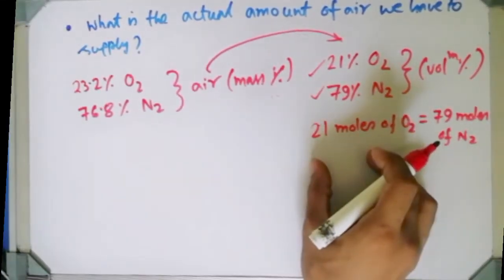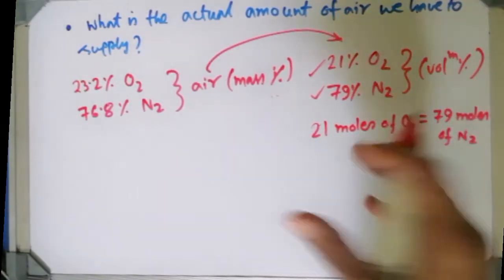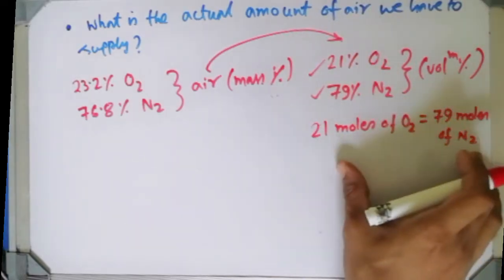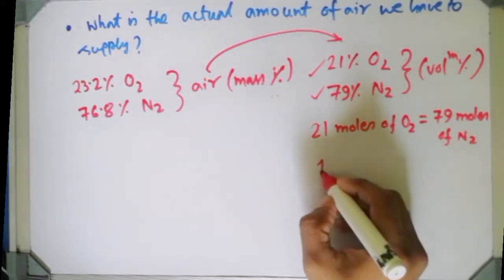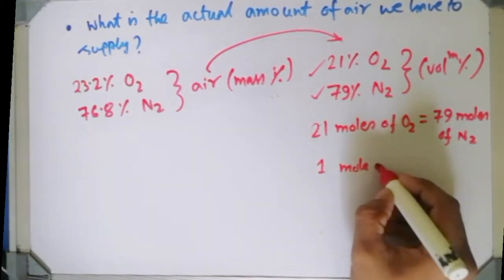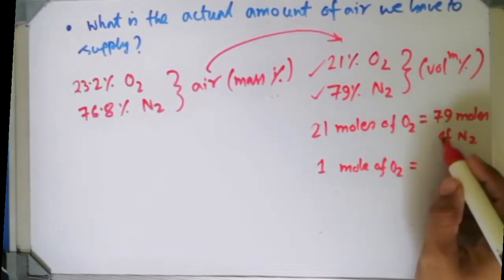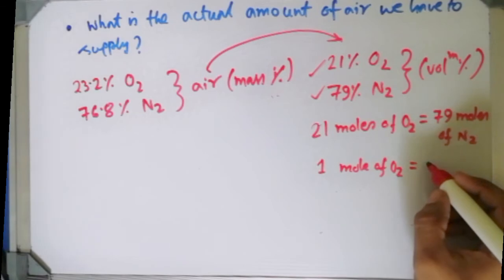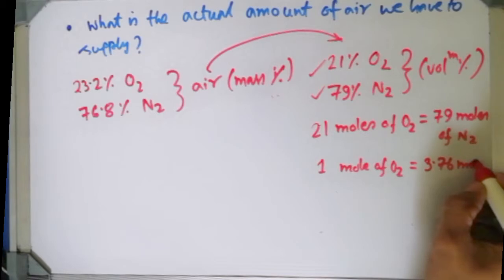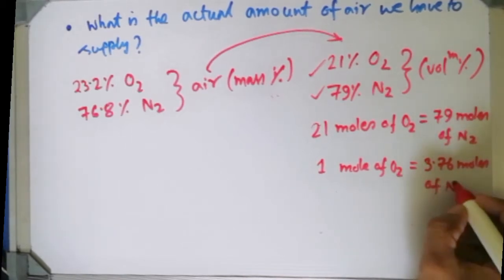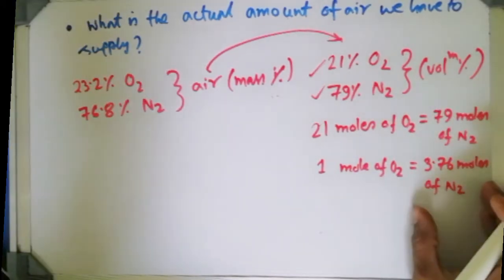So while we are supplying 1 mole of oxygen, if you divide 79 by 21, you can check it out, it will give you 3.76 moles of nitrogen. What I am establishing here is what amount of nitrogen always comes with oxygen. Here we can see that 1 mole of oxygen carries 3.76 moles of nitrogen along with it.